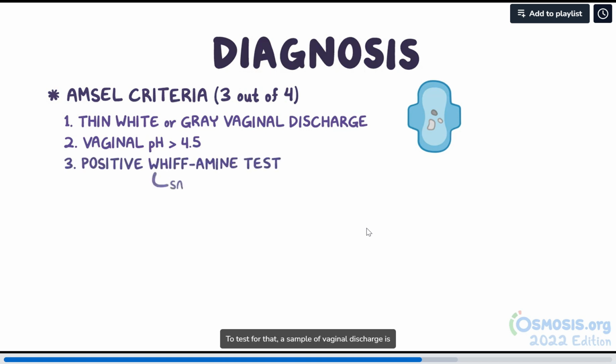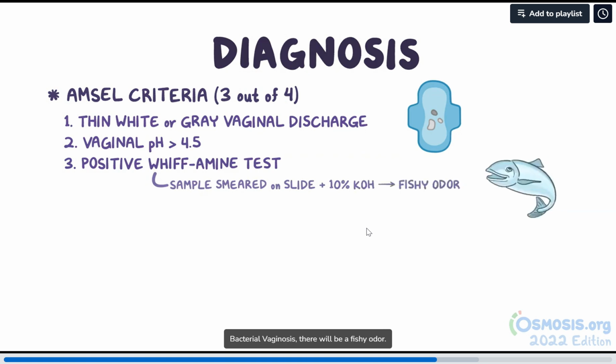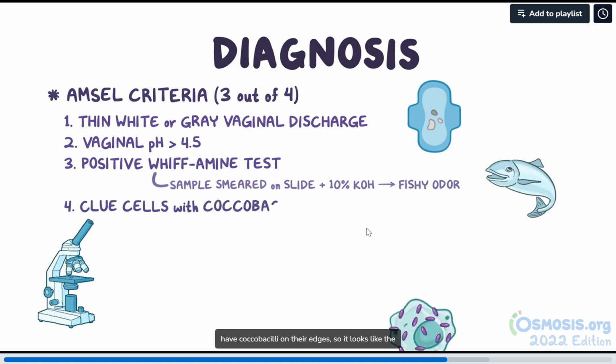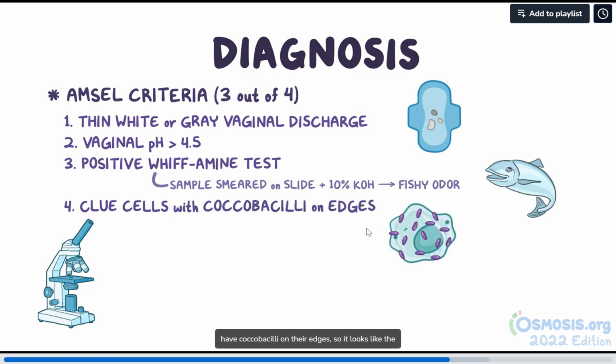To test for that, a sample of vaginal discharge is smeared on a slide, and a drop of 10% potassium hydroxide, or KOH, is added to it. And with bacterial vaginosis, there will be a fishy odor. Finally, on microscopy of a discharge sample, there are clue cells, which are vaginal epithelial cells that have coccobacilli on their edges, so it looks like the borders of the cells are stippled.